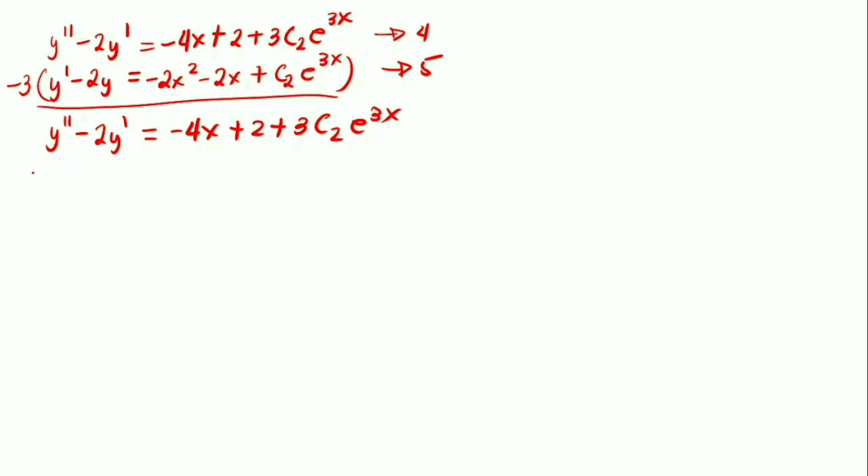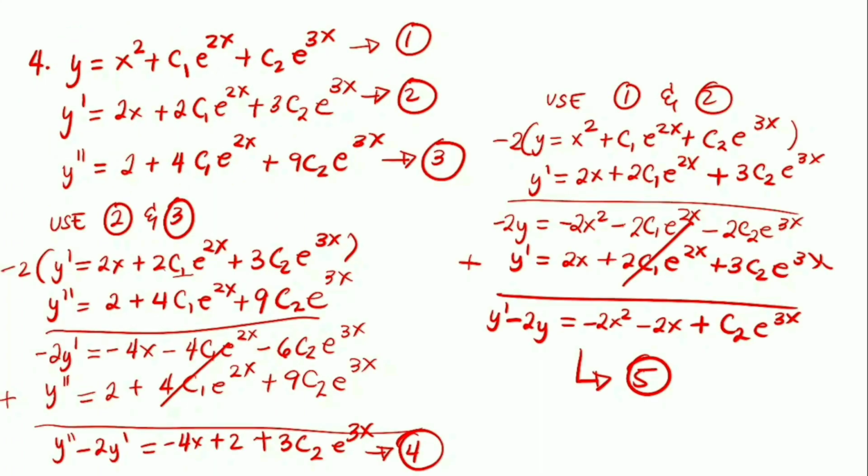Then, negative 3y prime plus 6y is equals, ito minumultiply lang natin siya, isa-isa, to 6x squared plus 6x. So, wait, sorry. Dito pala, dapat is positive 2x to. Ayan, positive 2x.